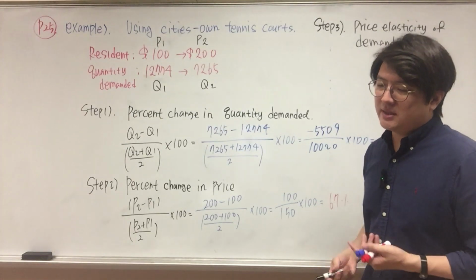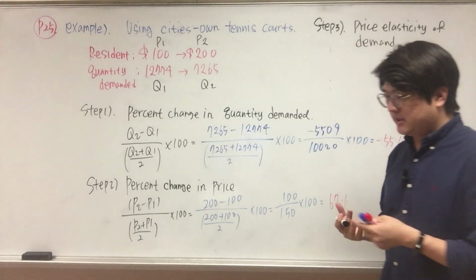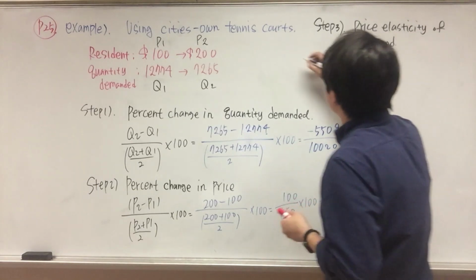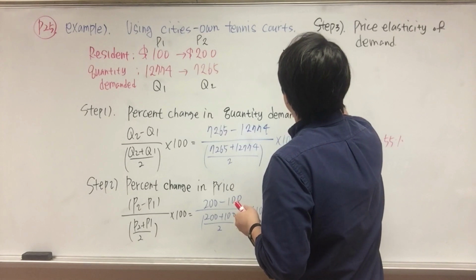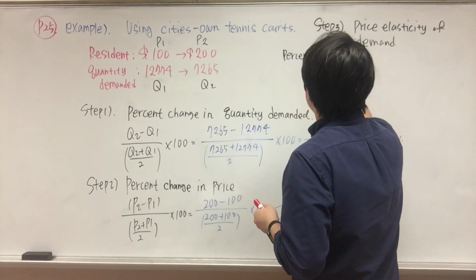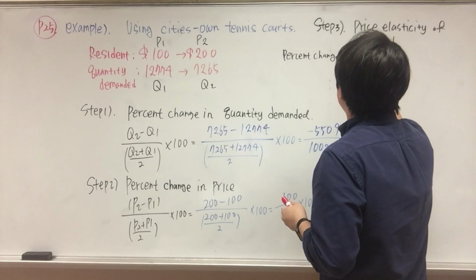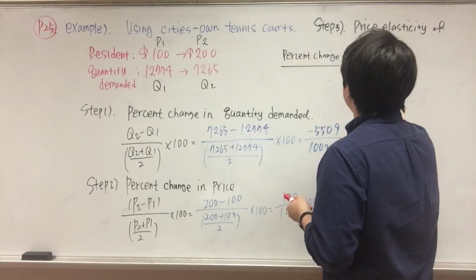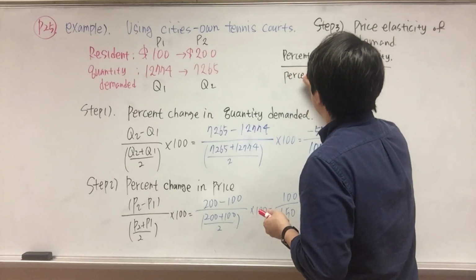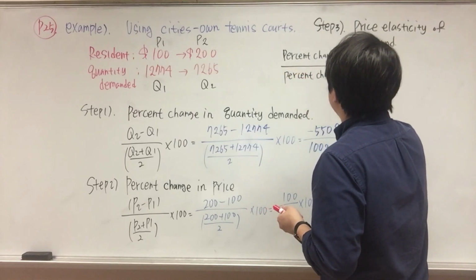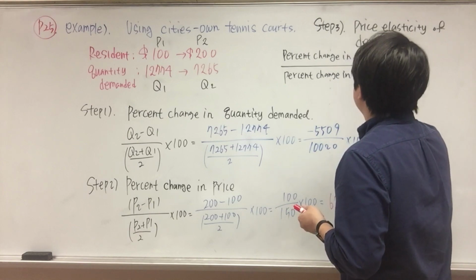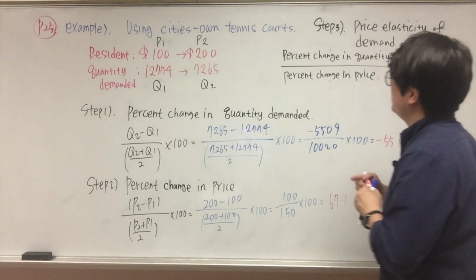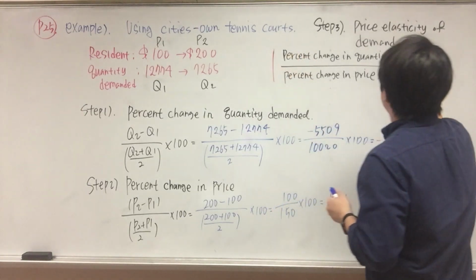Next, the final step is we need to find the price elasticity of demand, right? So price elasticity of demand is the percent change in quantity demanded divided by the percent change in price. Don't forget that we need to take the absolute value, right?